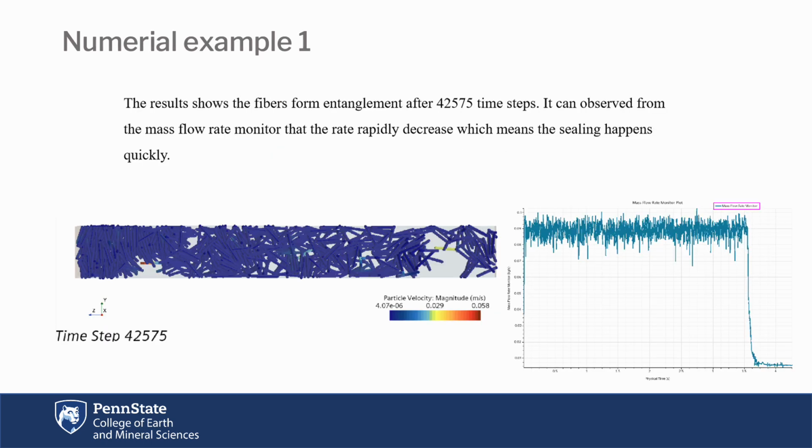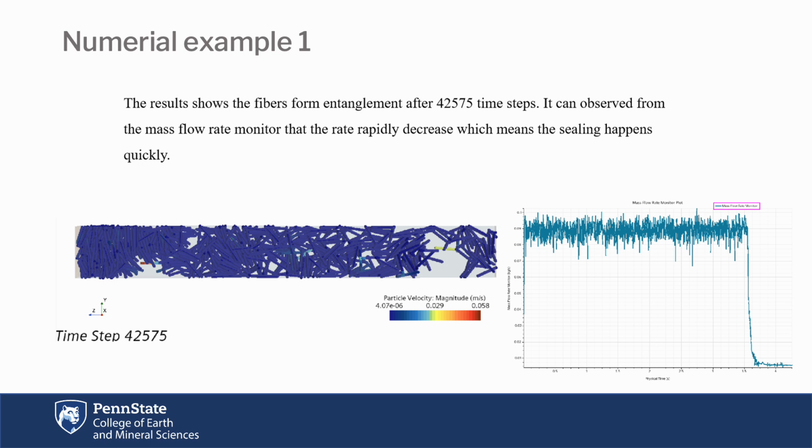This part I will introduce the first numerical example. We can see from the figure that after about 42,000 time steps, the fibers build a bridge-like structure and can seal the fracture.